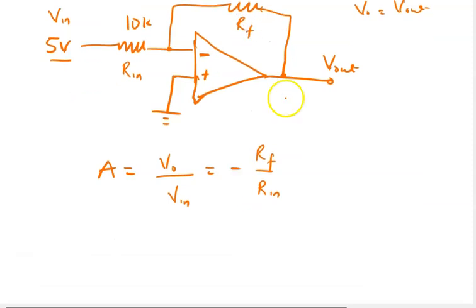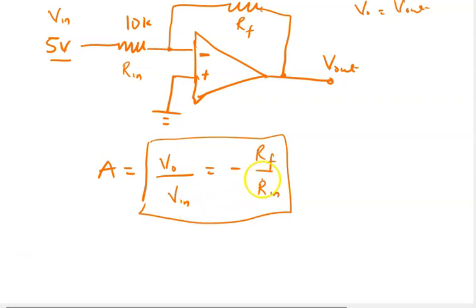Okay, so here we can just take this side of the equation to compute our V out. If they ask you to compute the gain, it's very simple. A is simply minus RF over R in. So the gain is given as minus 30k over 10k, and this is simply going to be minus 3.